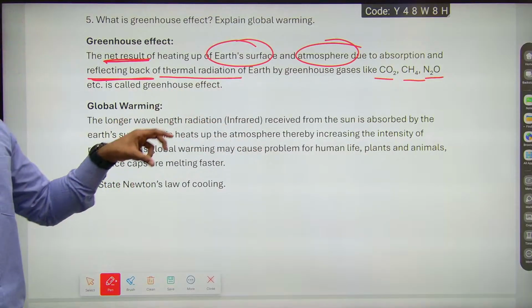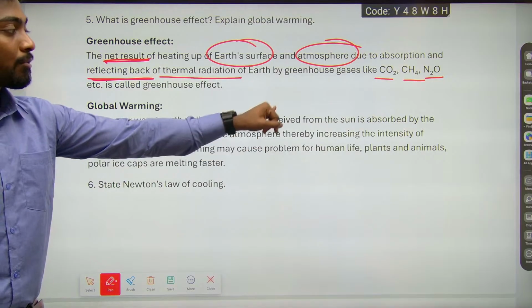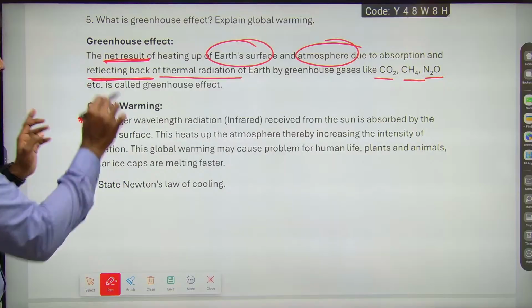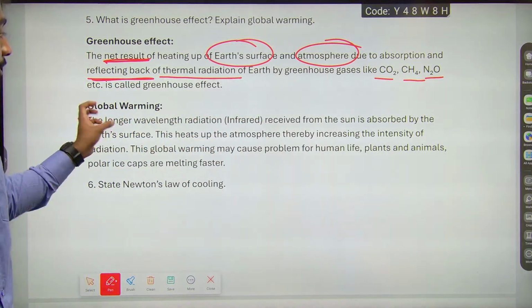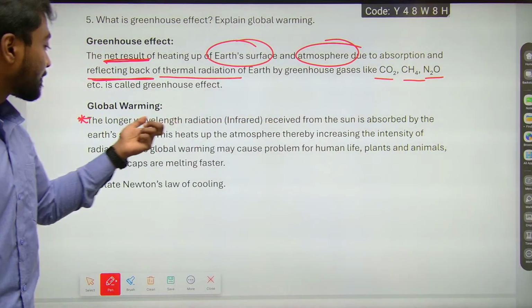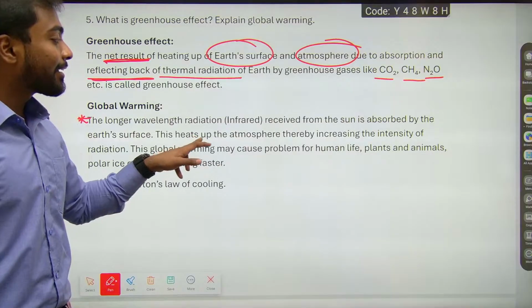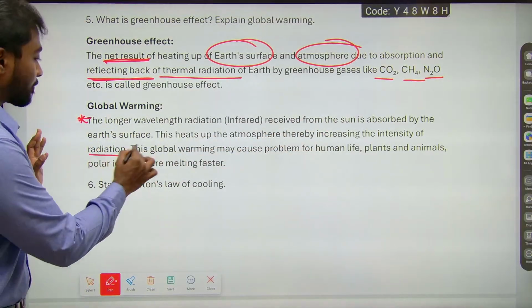And what is the meaning of global warming? The longer wavelength radiation received from the sun is absorbed by the earth's surface. Second point, this heats up the earth's surface, thereby increasing the intensity of the radiation.